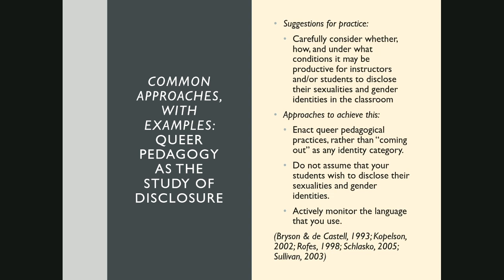And going back to this idea of giving queer visibility to yourself as an instructor, rather than labeling yourself, one of the things that you might do when acting queerly is to acknowledge elements of your identity that challenge what students might think of you. So one thing that I often do is I'll casually bring up my female identified partner, because in that way, I'm not really telling students that I'm a particular identity category, but instead my goal is to disrupt their assumptions of what my relationship might look like.